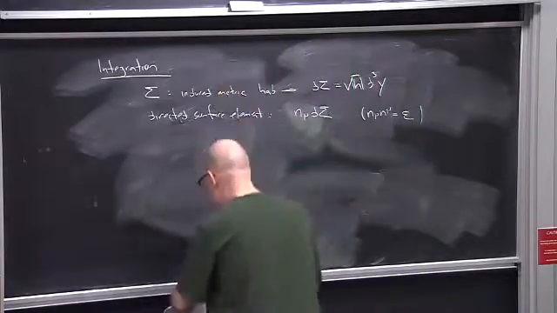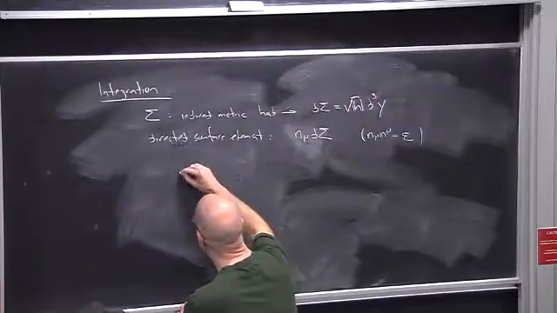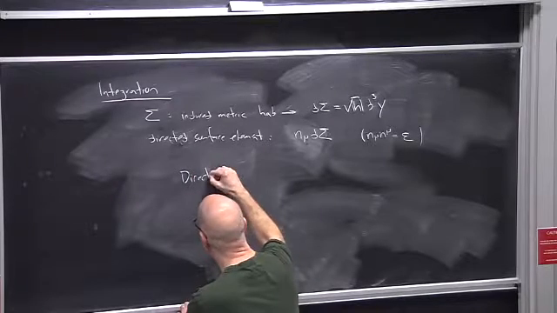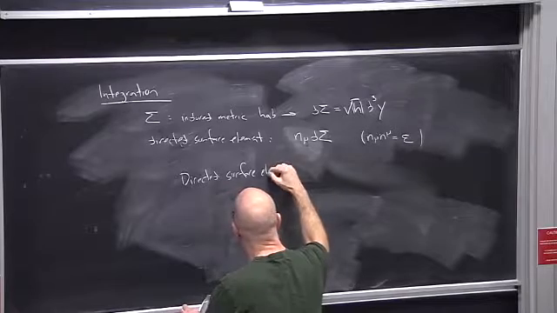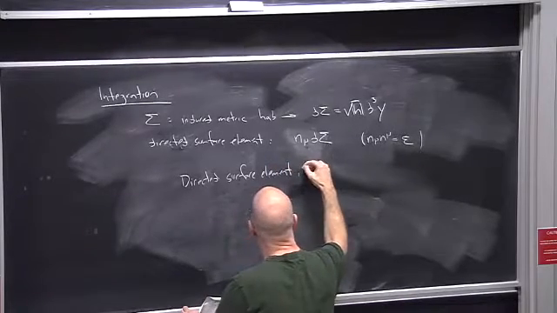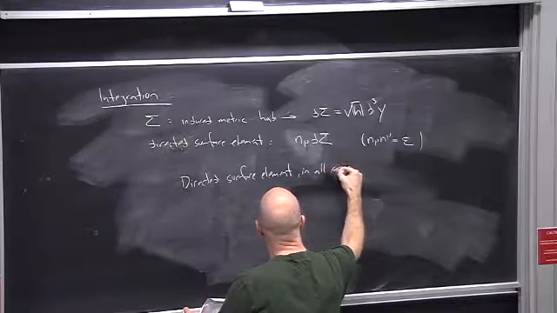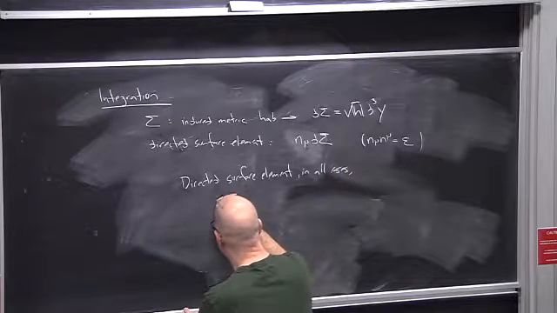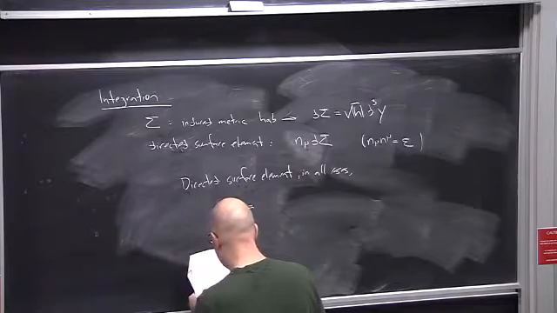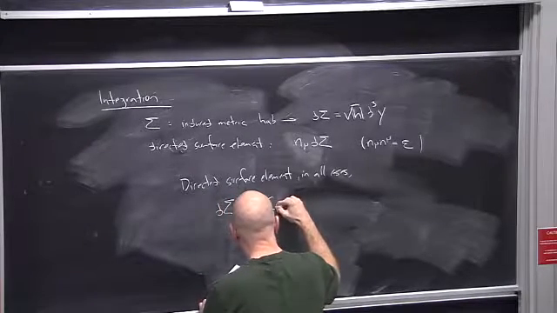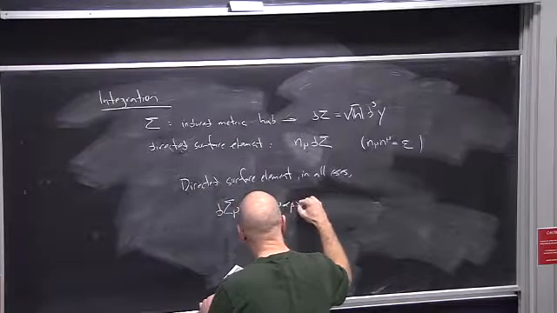So let me say that our volume element, our directed surface element, in all cases is going to be given by this. I'll call it d sigma mu. And d sigma mu is going to involve something we talked about a while back, the Levi-Civita tensor.